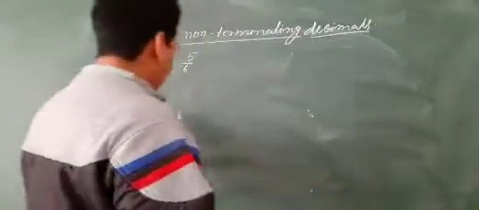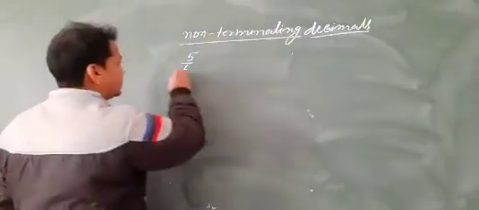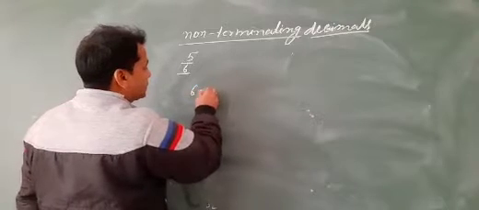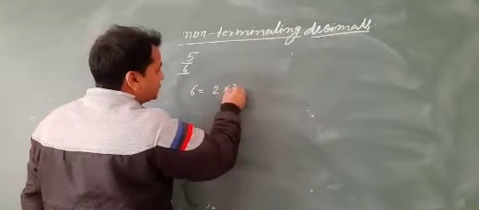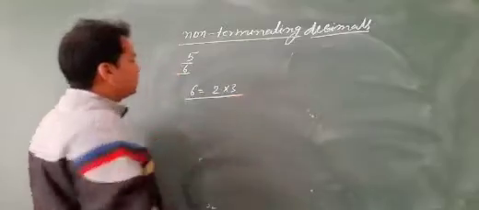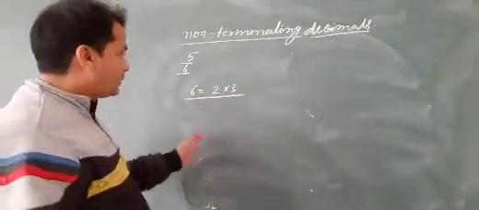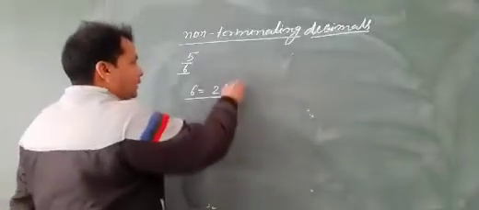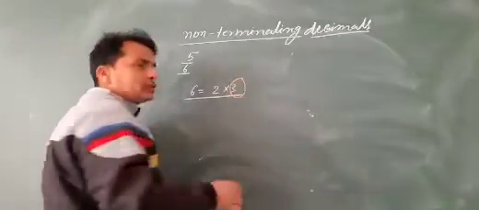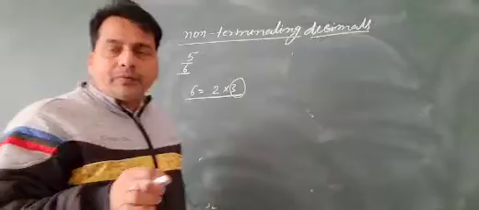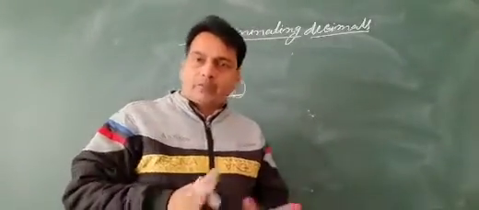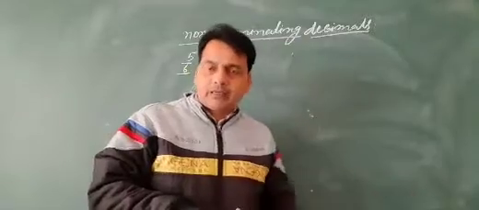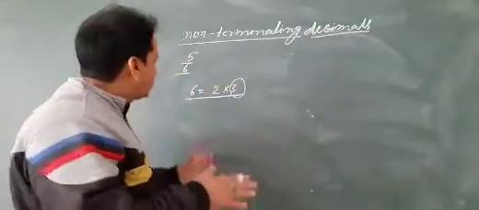The prime factors of 6 are 2 into 3. According to the condition of the terminating decimal, if only 2 or 5 or both are present in the prime factors of the denominator, it is terminating.